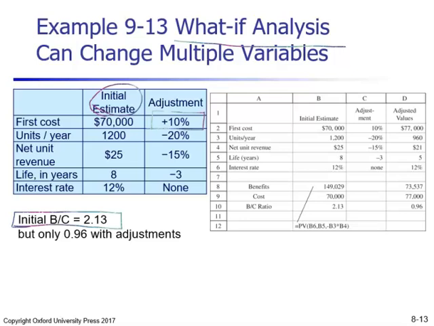So after adjusting it, it is not 70,000 anymore. It would be 77,000. How are you going to do the adjustment? It says add 10% to this. So 70,000 here we have, times 1 plus 10%.